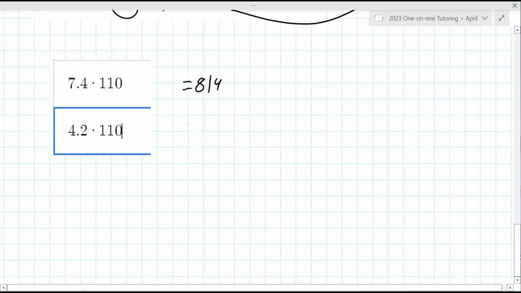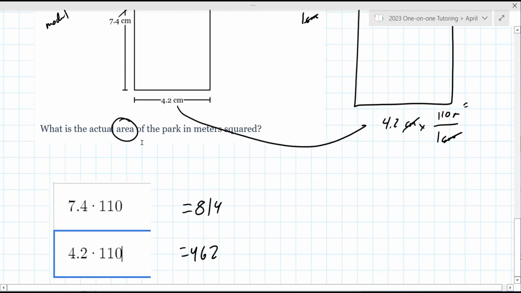The reason I want you to use this is because you can type it the way you would write it out on the calculator. It's more natural than trying to figure out parentheses and stuff. And then the next one, give me just a moment.